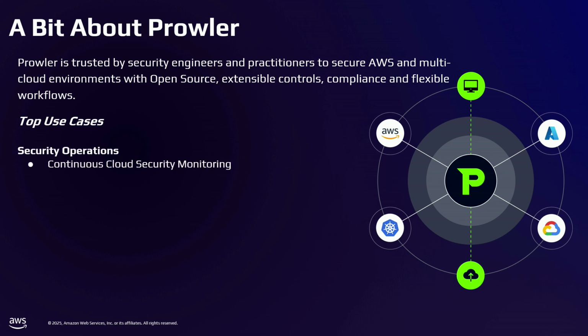For security operations, of course, for continuous cloud security monitoring, but also for threat detection. We have a bunch of controls, we call them checks, that look for different misconfigurations that are related to security issues or that may lead into security incidents. But we also look for threats in CloudTrail, for example.